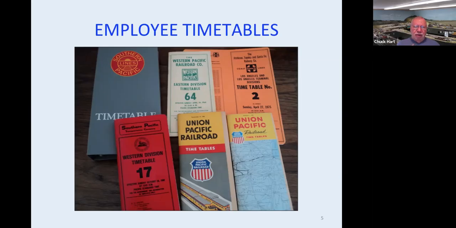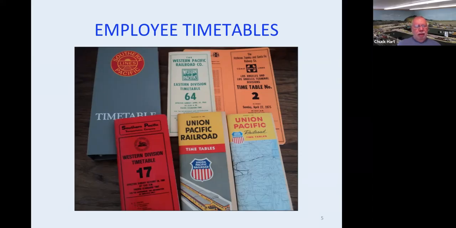So I model the Western Pacific, and I model a specific area from Wendover, Utah to Salt Lake. So the employee timetable, and by the way, these are employee timetables, not the ones for the public. You want to get the employee timetable. It'll usually say for the operation of the employee or for the government of employees only or whatever.